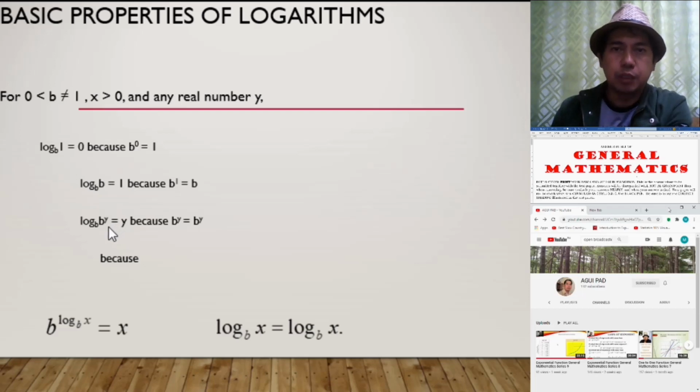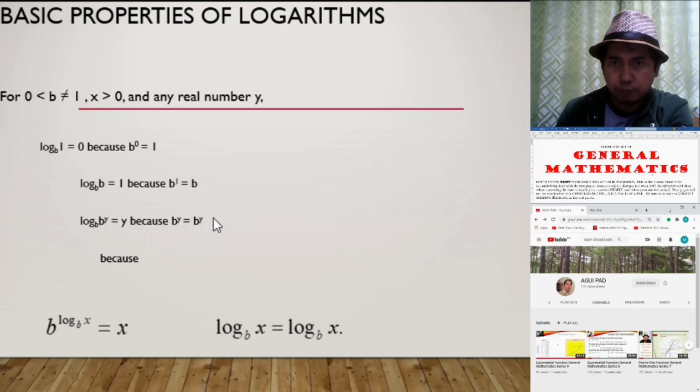Meaning to say, when we are going to have its exponential form, b raised to y, which is the base b raised to y, is the same as the result b raised to y. So you will notice b raised to y is the result in the exponential form.